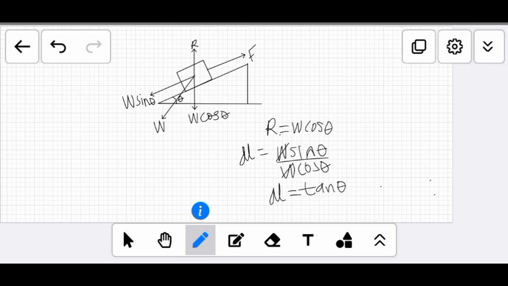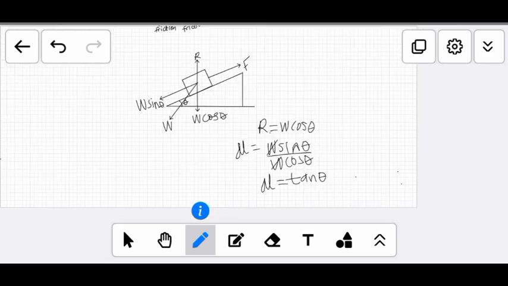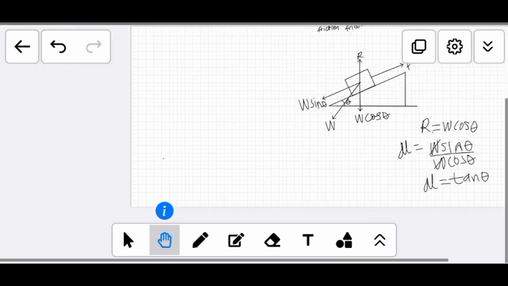One thing we need to know is that the force that will keep the body stationary is always the difference between W sine theta and the frictional force. Now this is the body sliding down and I want to keep it stationary without moving at all despite being on an inclined plane. So that is case 1 we're meant to talk about now. Case 1.